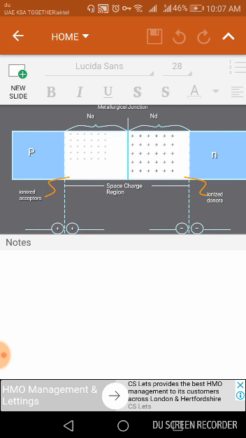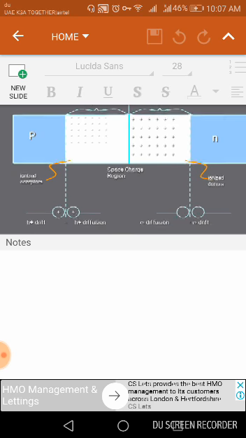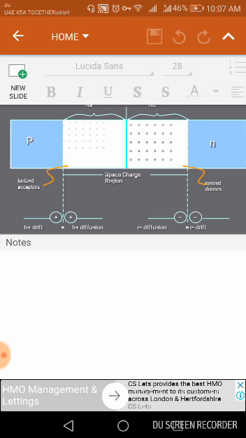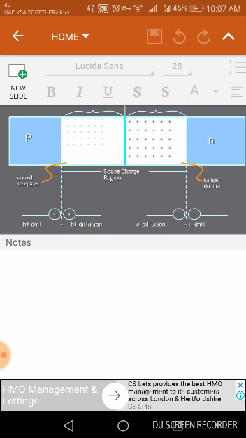Now, due to the electric field, or the difference in potential that is developed across this junction, we call it the barrier potential, junction potential or built-in potential. Because of this barrier, the holes and electrons cannot flow freely across the junction.